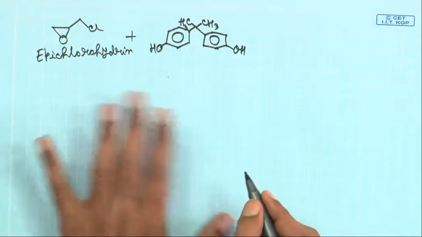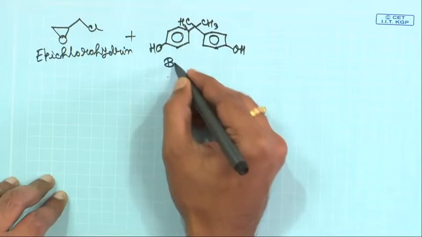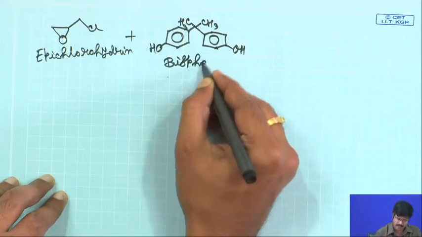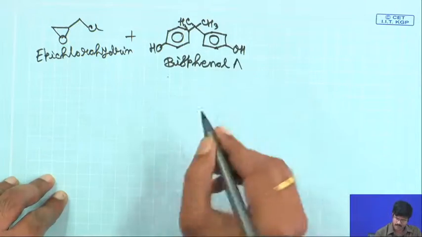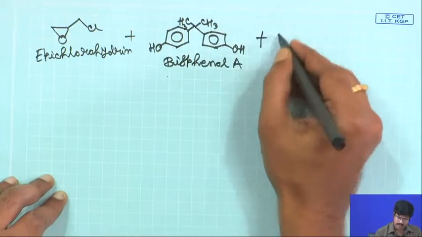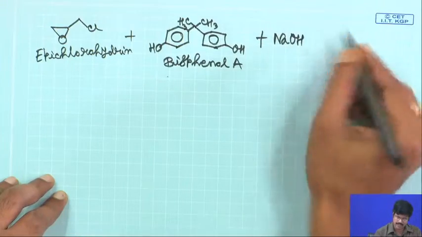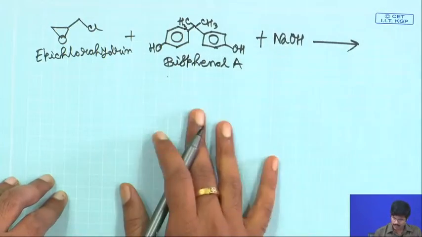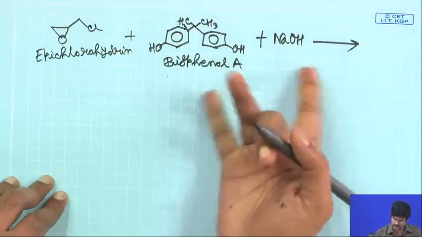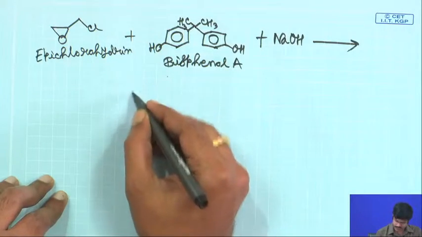You react epichlorohydrin with bisphenol A, this is bisphenol A, in presence of sodium hydroxide, and then the product that you will get has the formula like this.